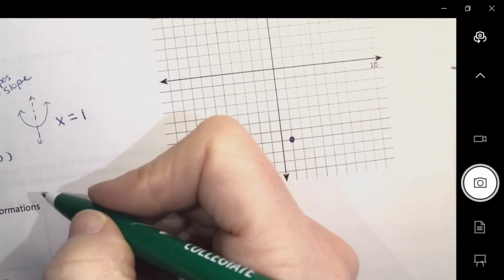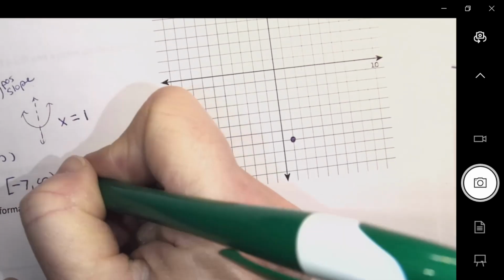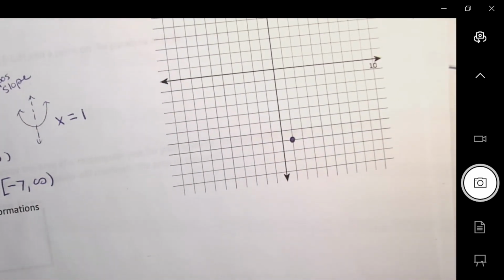So where do I find that bottom height? Negative 7 to infinity. Did you notice my bracket situation? I did an exact bracket there, including that.